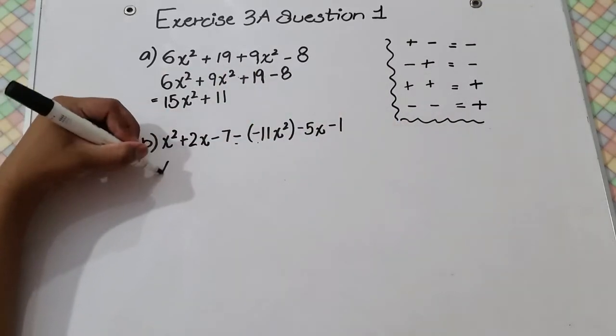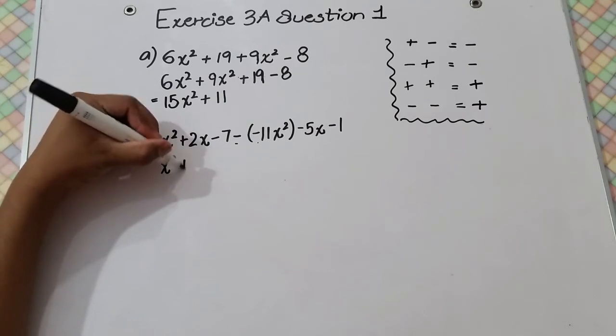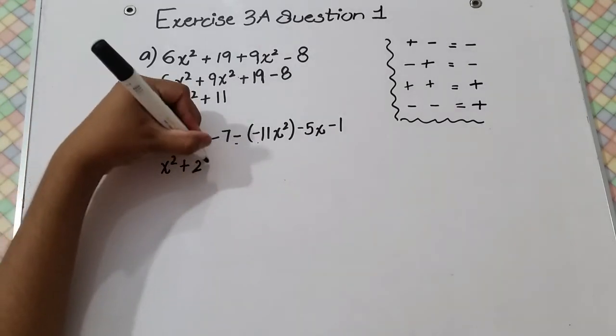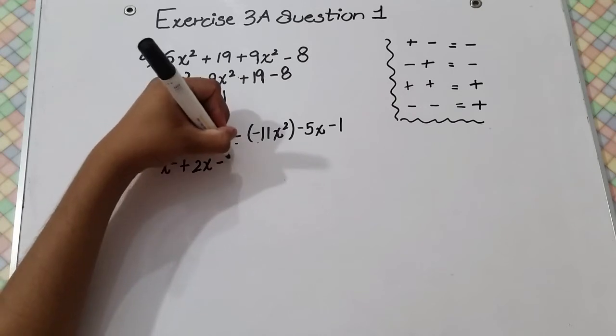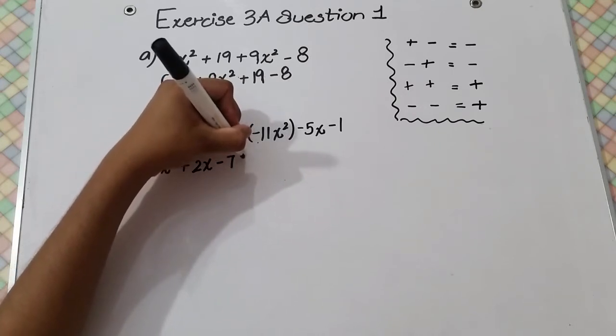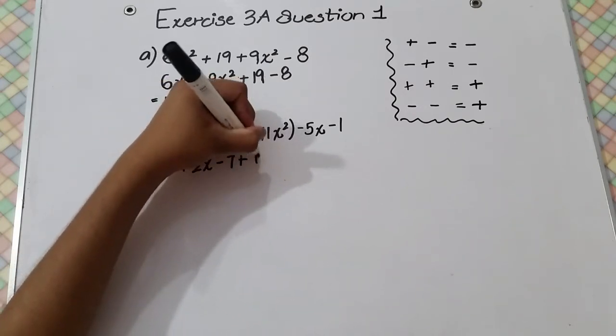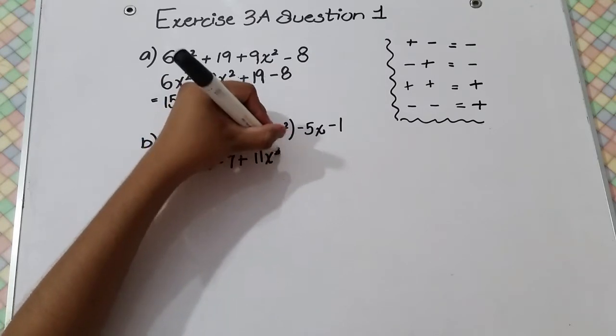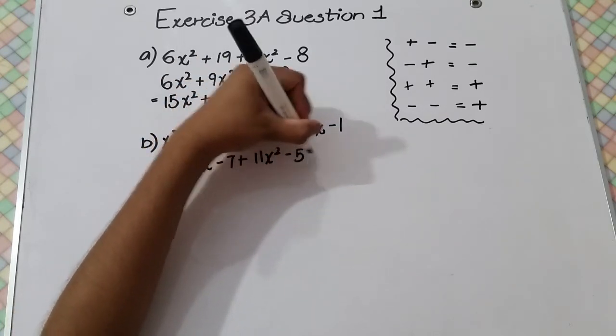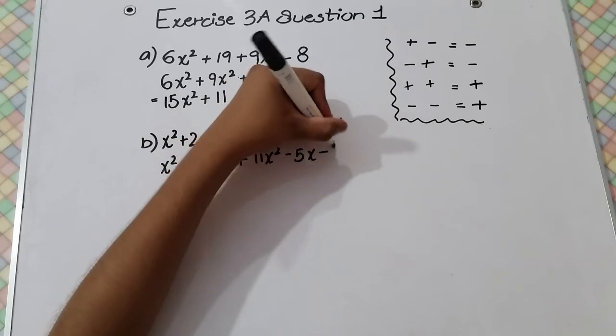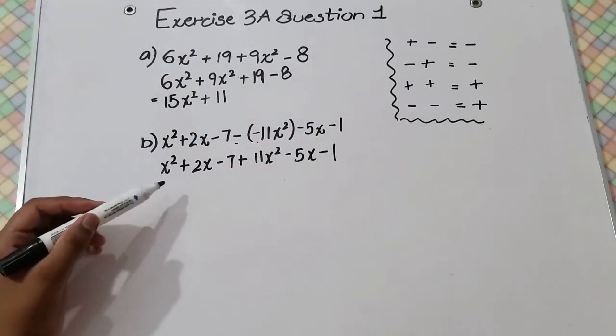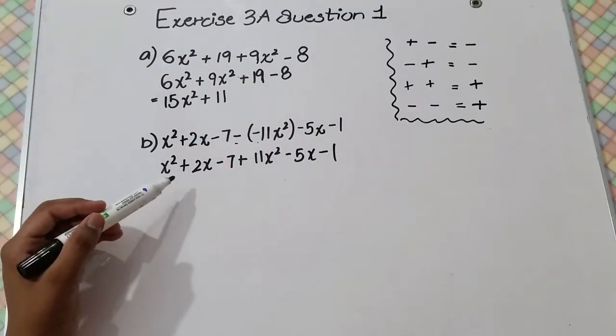So we are simply going to write x square plus 2x minus 7 plus 11x square minus 5x minus 1. Now we have solved the bracket.